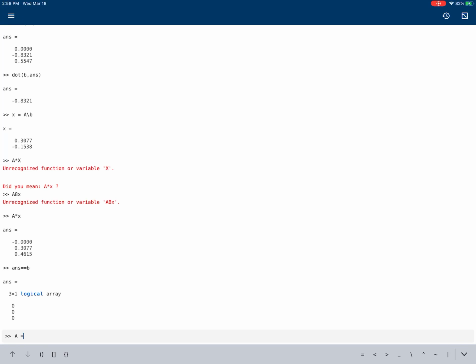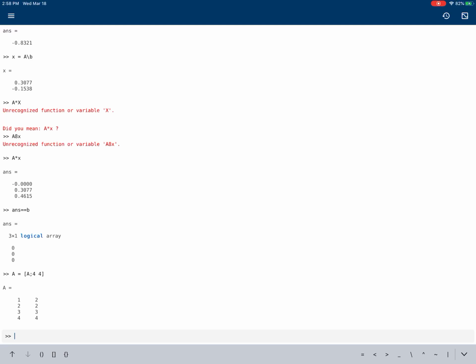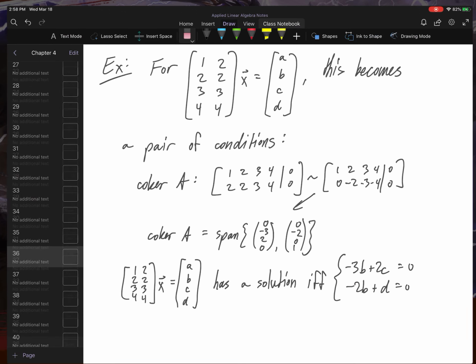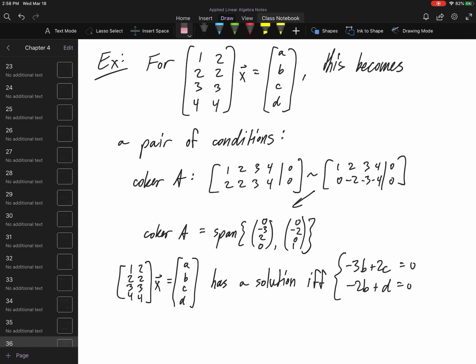So I'm going to go ahead and append one row here. A equals A, but I'm going to add the row 4, 4 to it. And voila, there it is.